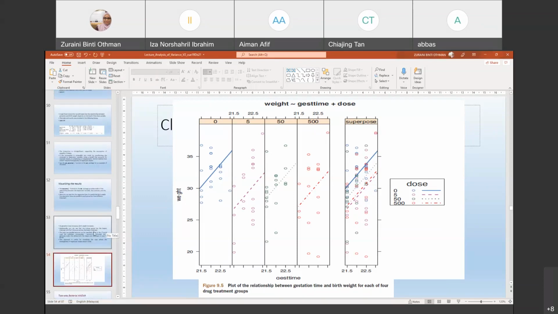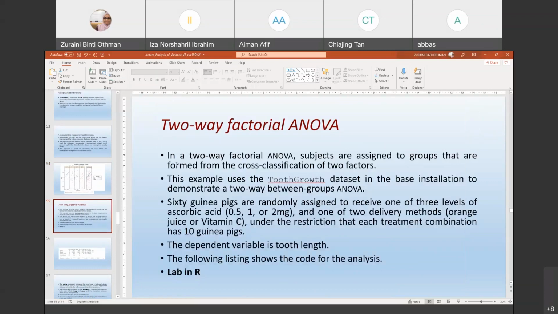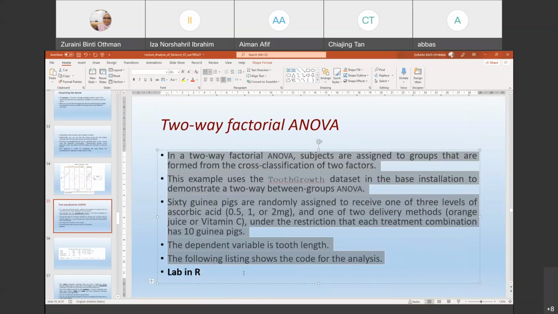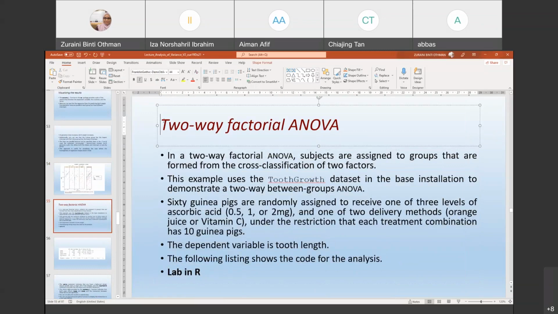Just look at it one by one, more slowly, look carefully, understand again. Then maybe next for two-way factorial Anova, we can see what the R value gives us for the value that we want to measure. Okay, so we stop at this two-way factorial Anova.